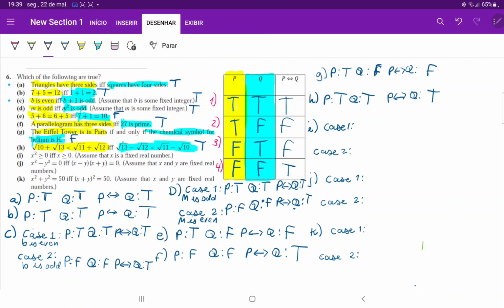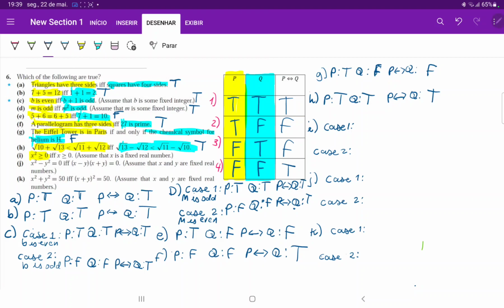Let's do I, right? And for P, we have that X is greater than or equal to 0. That's our P, right? Actually, we have to consider two cases for this one, because even though X is a fixed number, we don't know whether it is positive or negative.